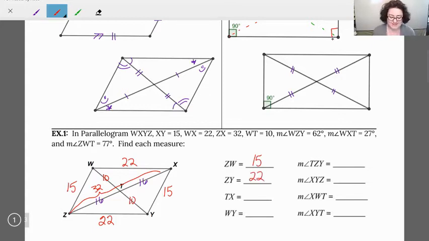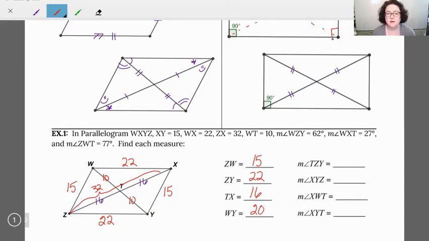We have segment TX, which is kind of the top right piece of a diagonal, which we just labeled as 16. And we have segment WY. Now we don't have that segment labeled, but the two pieces of it, the WT and the TY put together, the 10 and the 10 means the entire diagonal has to be 20 units.